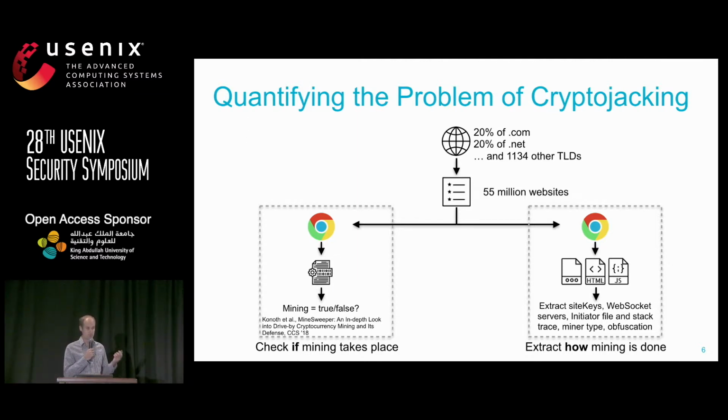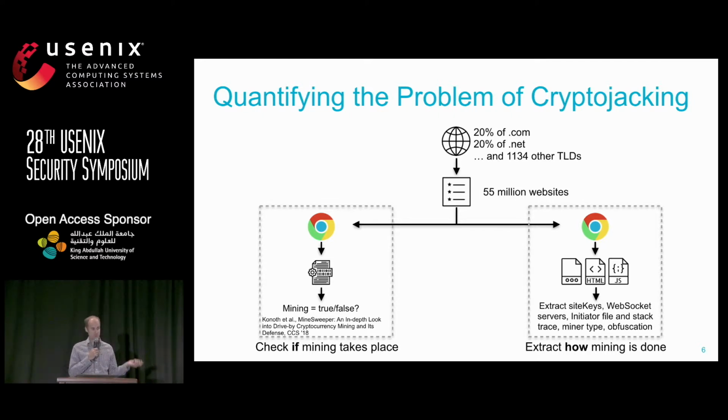We actually crawled them twice. First, to check if mining was happening on that website, we used the Minesweeper tool published by Konoff et al. last year at CCS, which relies on WebAssembly analysis to detect whether there was mining happening on that page. Additionally, we wanted to know how this mining was taking place.